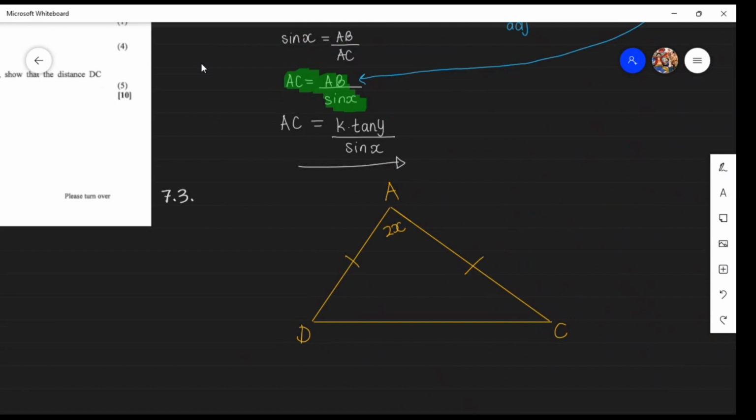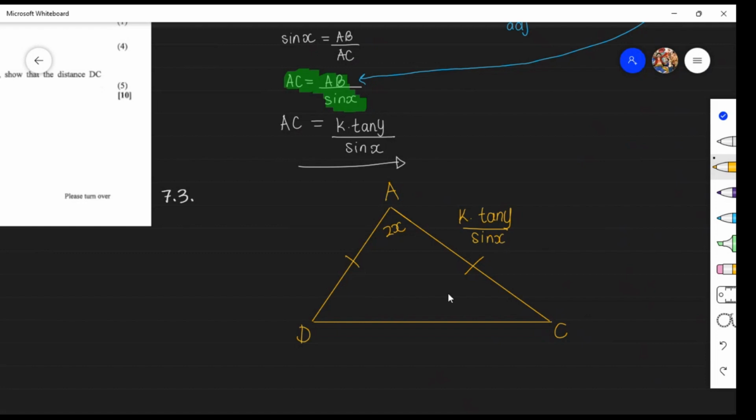So this is now our triangle ADC, keeping in mind that we've previously calculated AC as k times tan y all over sine x. Now, because it's mentioned that AC is equal to AD, that means AD is also going to be k times tan y all over sine x.